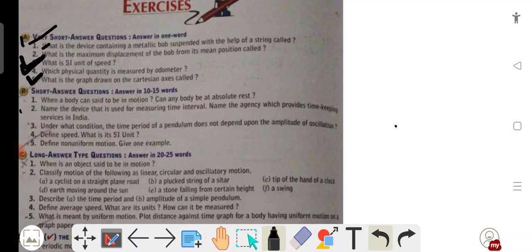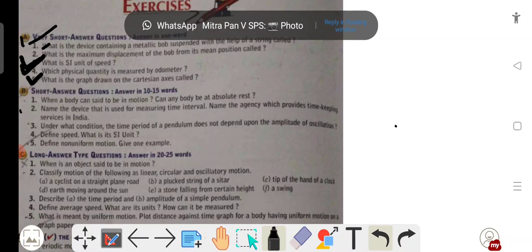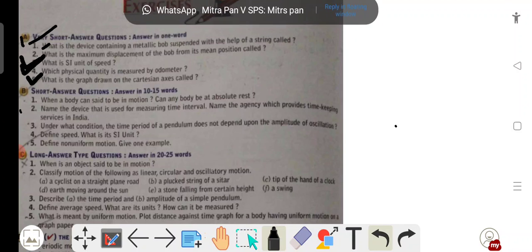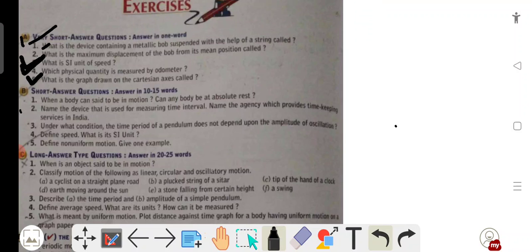Now the next question. Define non-uniform motion. We have two types of motion: uniform motion and non-uniform motion. So what is non-uniform motion?